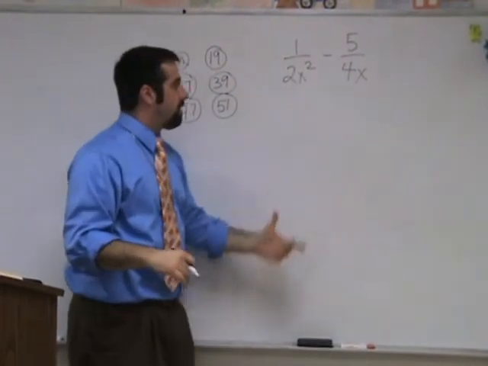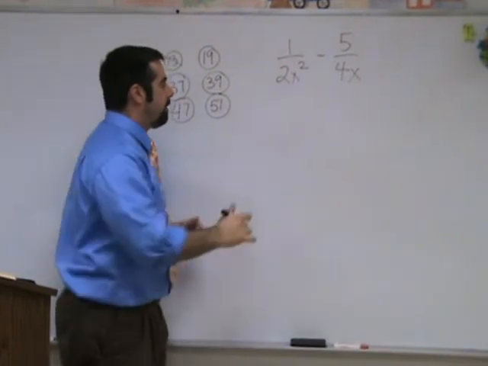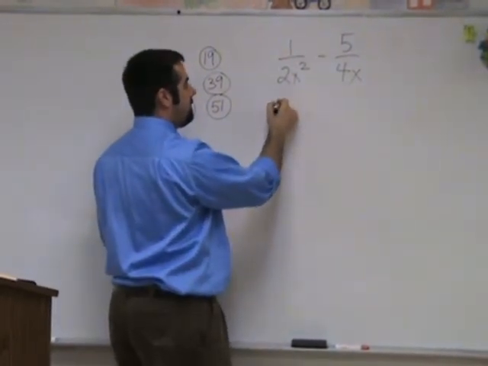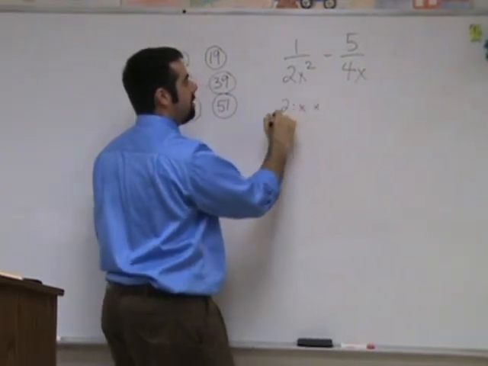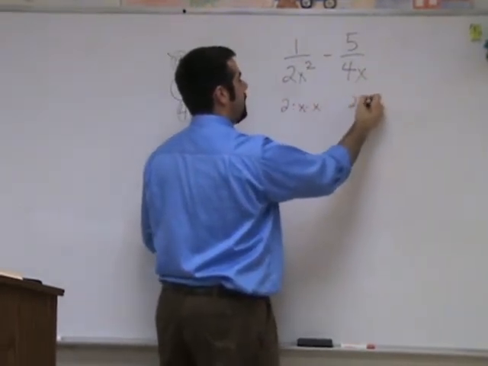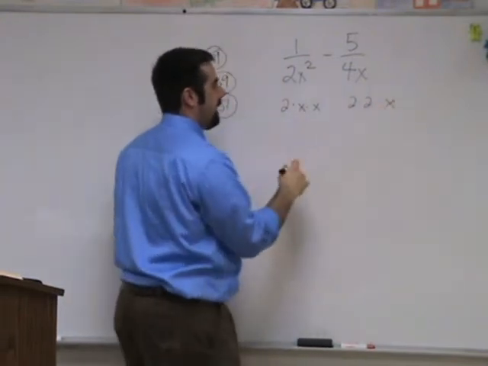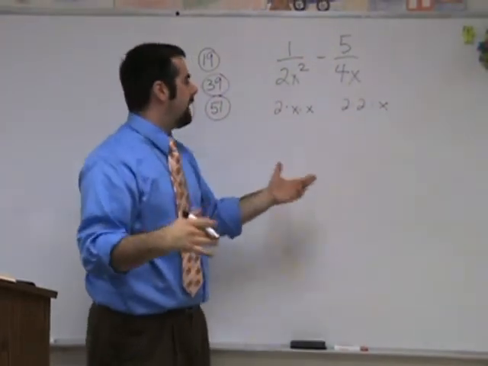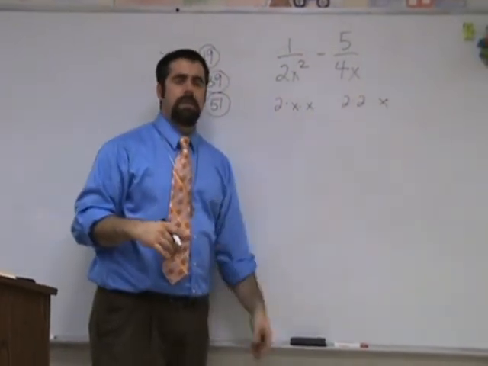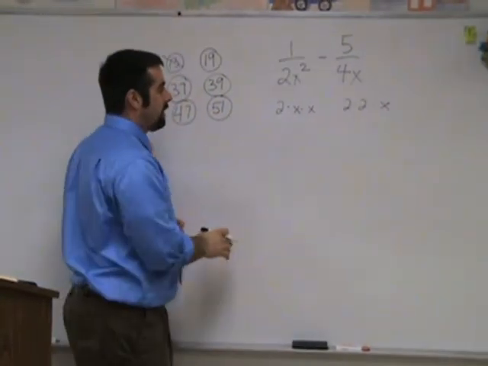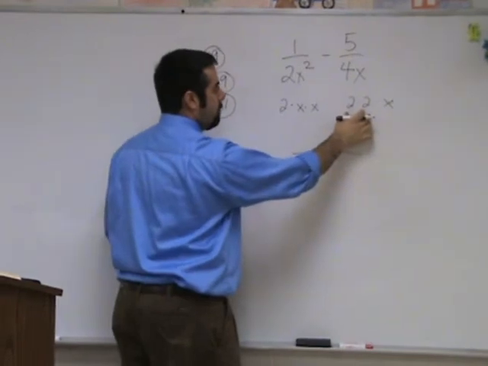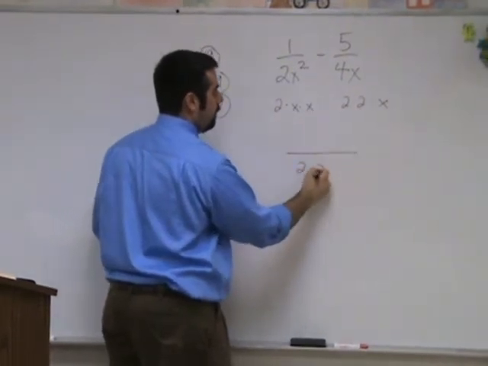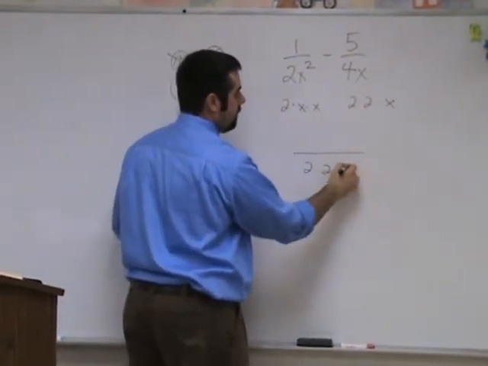All right, so if I want to think about my denominator here, this is kind of like 2 times x times x, and this is 2 times 2 times x, if I want to think about finding the prime factorization. So my new denominator needs to have 2 2's in it and 2 x's.